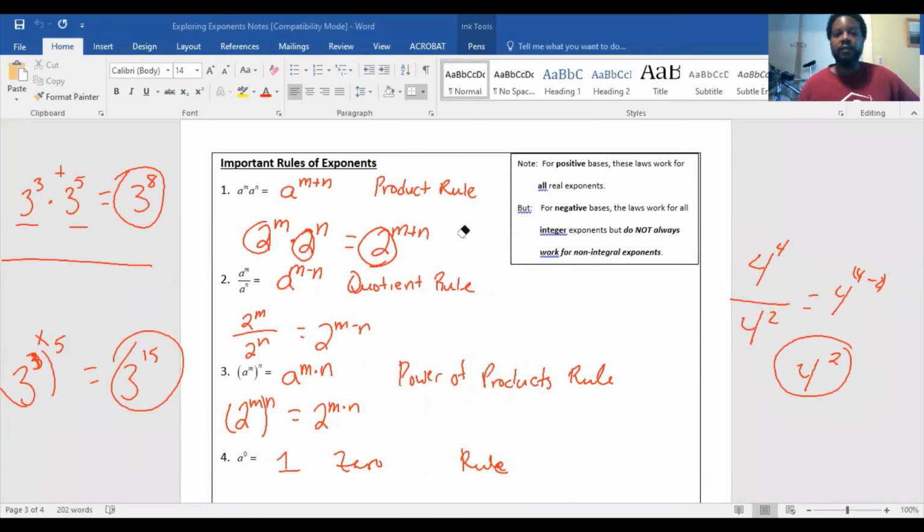I've heard it both ways, but let's just do 0 exponent here. So anytime we have anything raised to 0, the answer is always going to be 1. So 2 to the 0 is equal to 1. 1500 to the 0 power is still just 1.